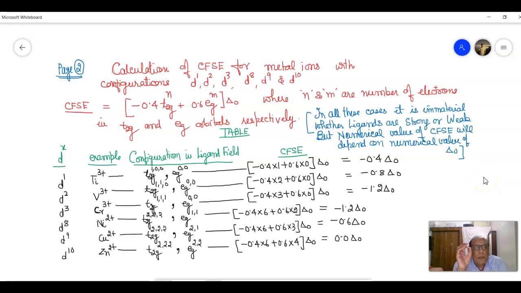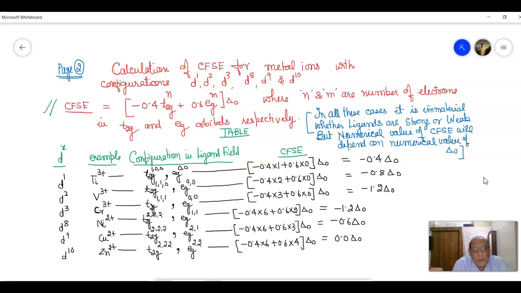So, first of all, let us see how to calculate CFSE for a metal ion with configuration d1 or d2 or d3 or d8 or d9 or d10. CFSE is calculated by the formula minus 0.4 n(T2g) plus 0.6 m(Eg) times delta O, where n and m are the number of electrons in T2g and Eg orbitals respectively.